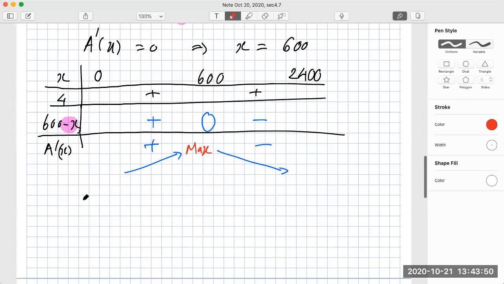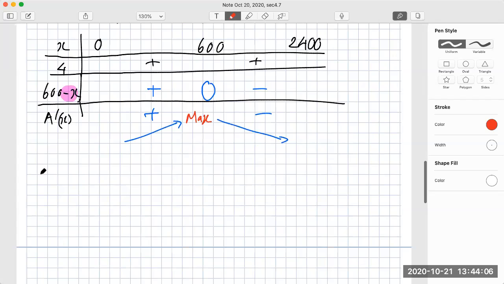But now, be careful. It is a function defined in a closed interval from 0 to 2400. So let us consider the boundary values, right? At the endpoints, which means x is equal to 0 and x is 2400.